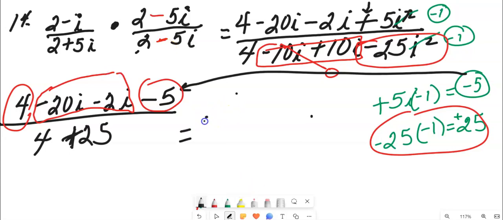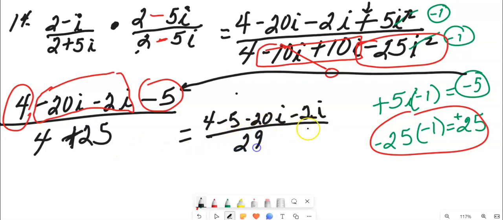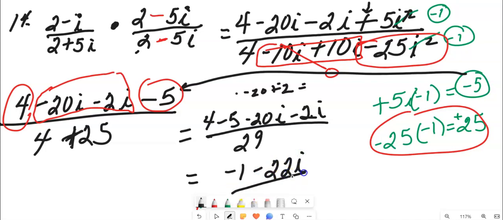We have 4 minus 5, and then we have a negative 20i minus 2i, all over, and we know 25 plus 4 is 29. So our final answer here would be a negative 1, and then remember, negative 20 minus 2 becomes simply a negative 22i over 29.